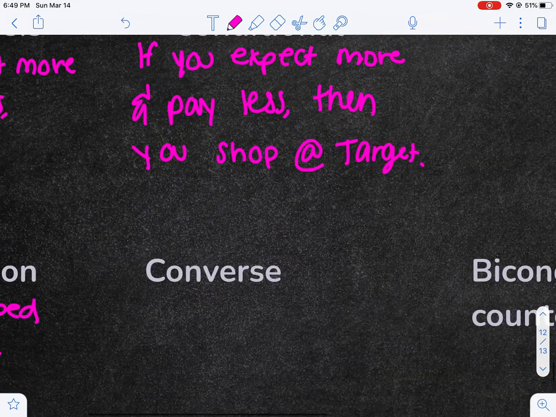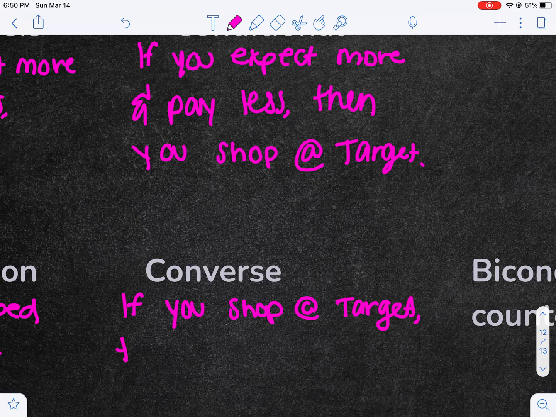My converse flips those. So if you shop at Target, then you expect more and pay less.